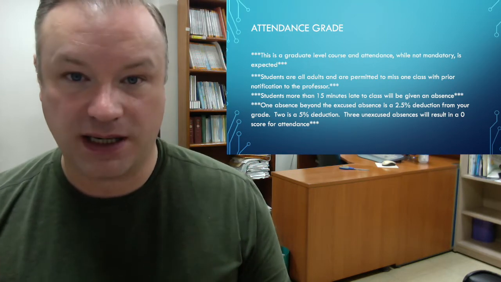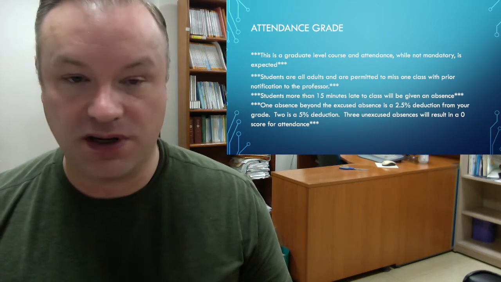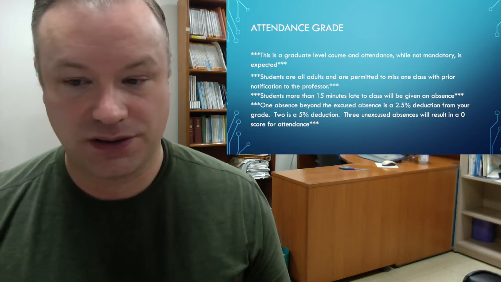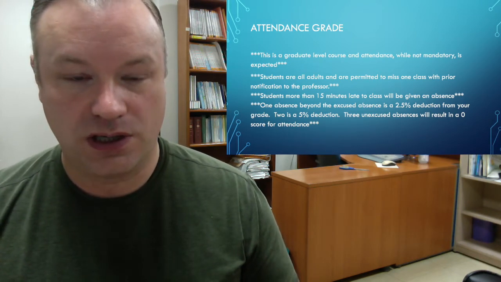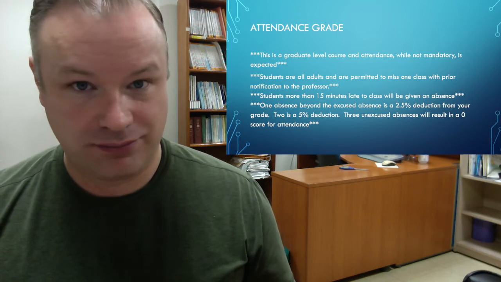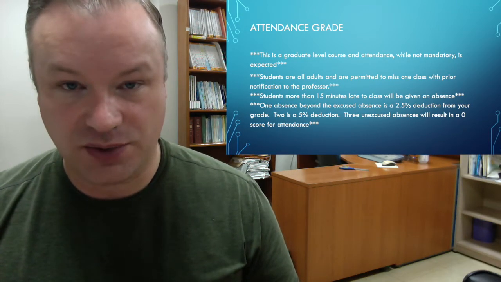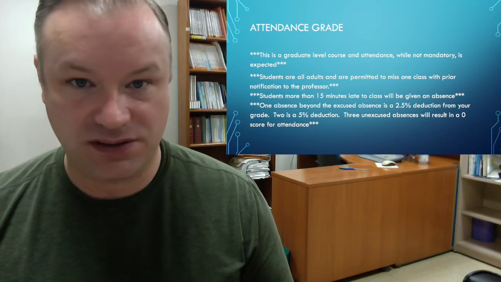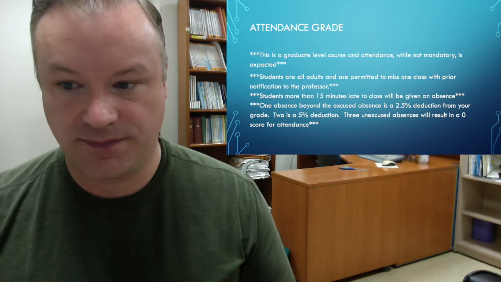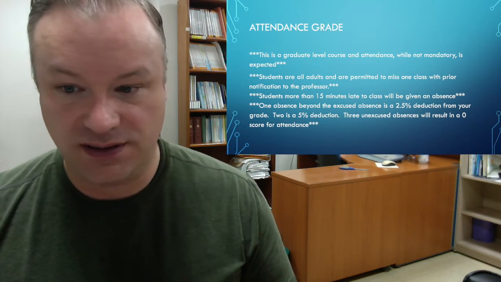Now, if you miss a second class, even if you have a doctor's note, it's still an absence. Okay? So unfortunately, there's not much I can do about that. If you miss a second class, then I have to deduct points for your attendance. So that's a 2.5% deduction on attendance.